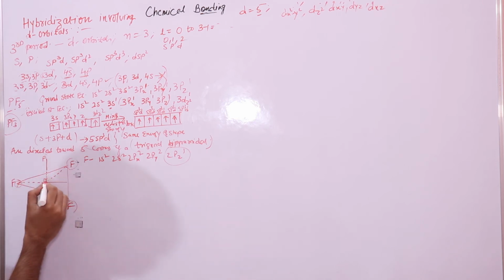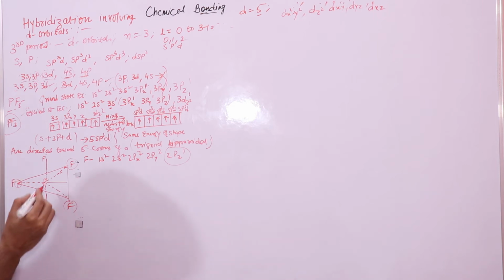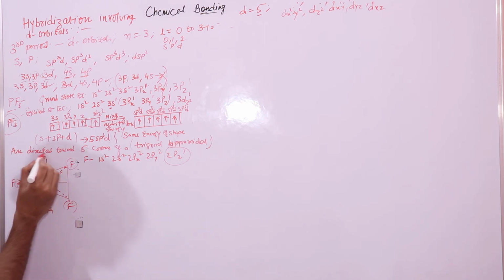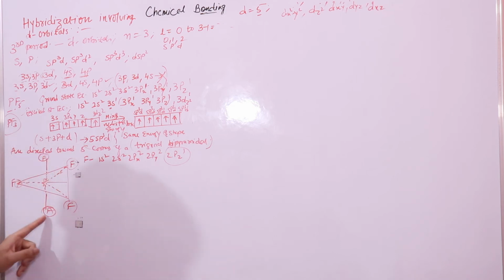The bonds joining phosphorus and these equatorial fluorine atoms are your equatorial bonds. And the bonds joining phosphorus to these two fluorine atoms, which are perpendicular to this plane, are your axial bonds. These are axial fluorine atoms, axial corners in the trigonal bipyramid.